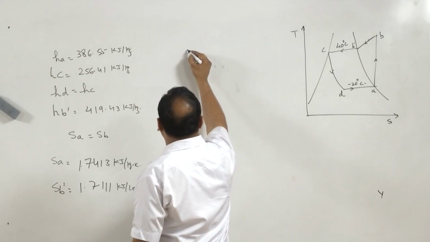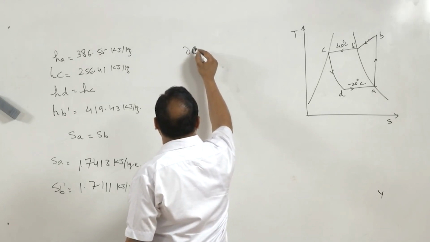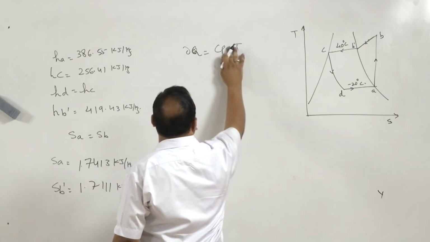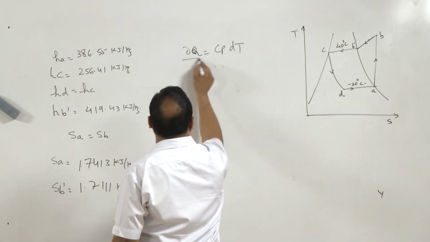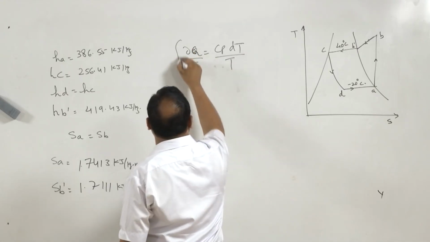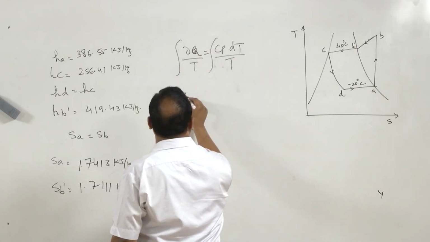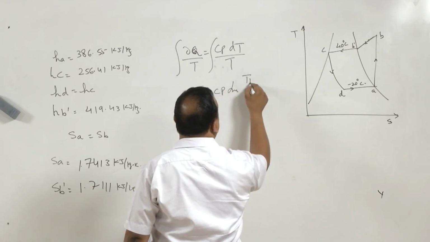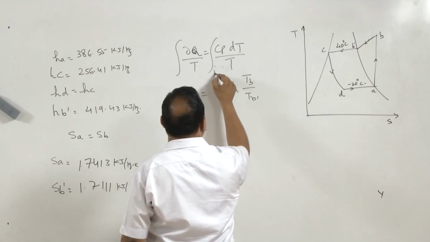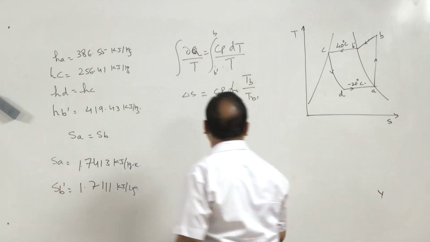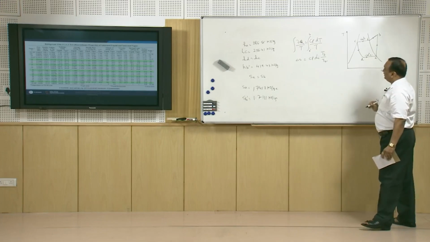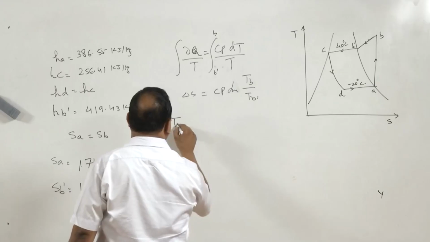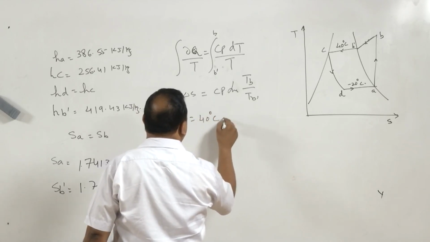In this process, delta Q is equal to Cp dT, and delta Q by T, again divided by T. If you integrate this, the change in entropy is equal to Cp natural log Tb by Tb dash, because it is from B dash to B. Now, Tb dash is with us, it is 40 degree centigrade.